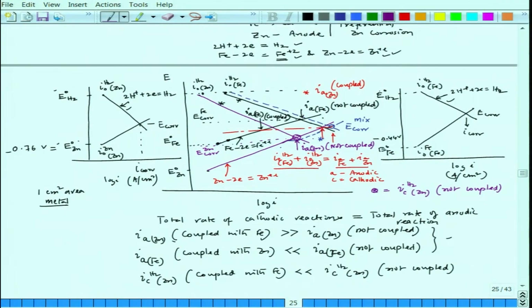And let us see what the hydrogen evolution rate on the zinc surface is after it is coupled with iron. Again, you have to look at that red line and see where it cuts the hydrogen reduction line in the case of zinc. It is cutting here.